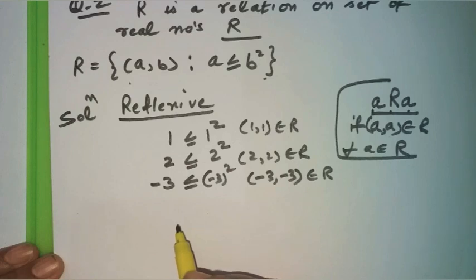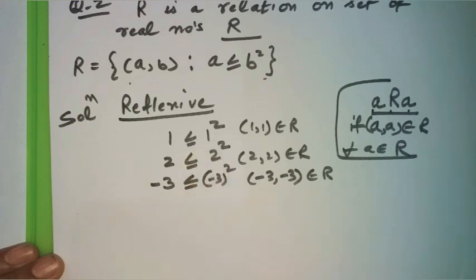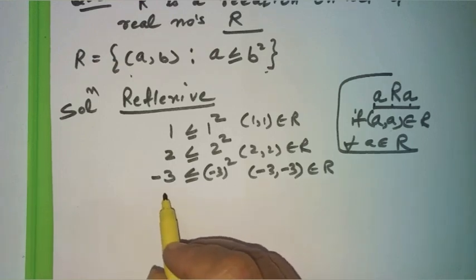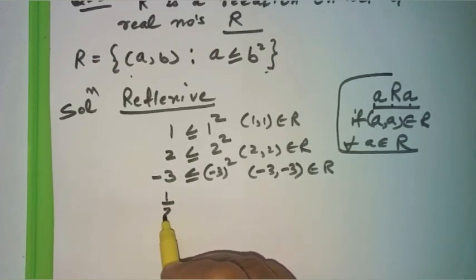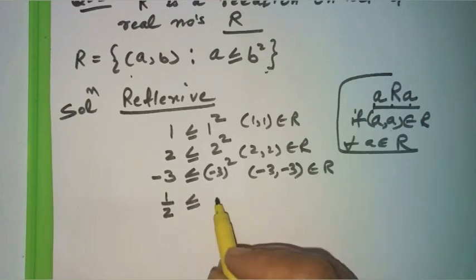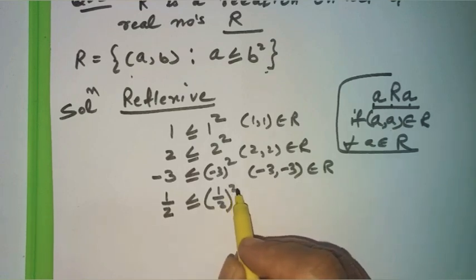But you have not checked for rational numbers. You have checked for natural numbers, but the set of real numbers contains fractions also. So let us take one rational number, 1 by 2, and check: is 1 by 2 less than or equal to (1 by 2) square?